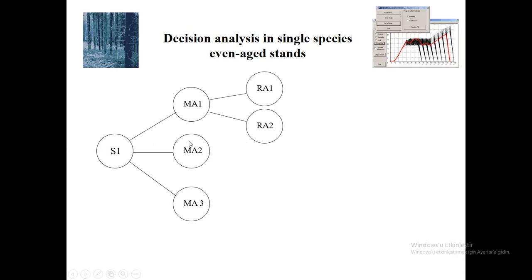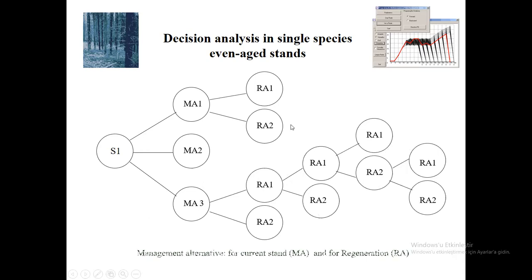Still, alternative 1 would go on with other alternatives, labeled as RA1, RA2. So as you can see, the management alternatives become very complex. Each alternative stems from different alternatives, and it becomes a complex and large problem to solve with the available criteria that we use.